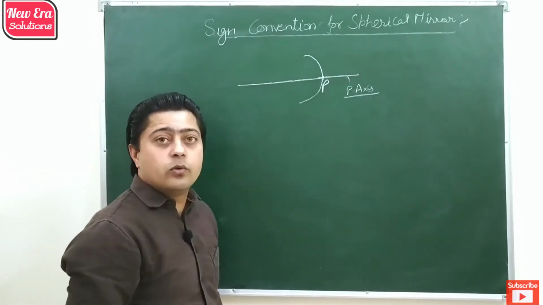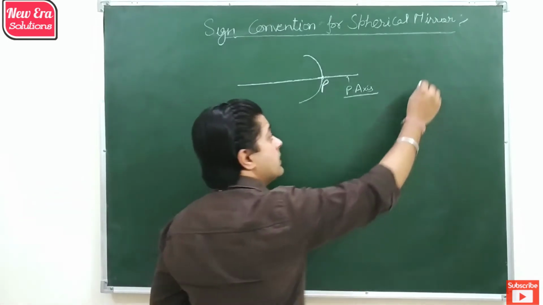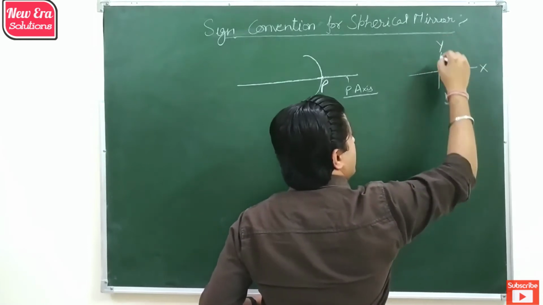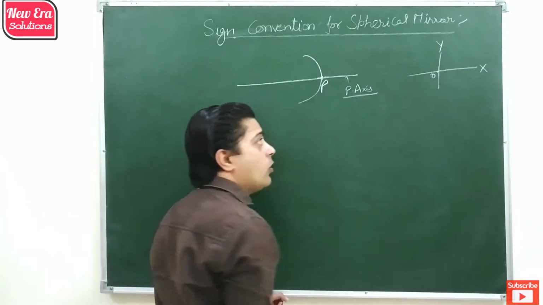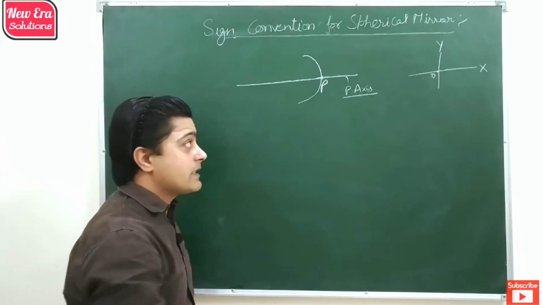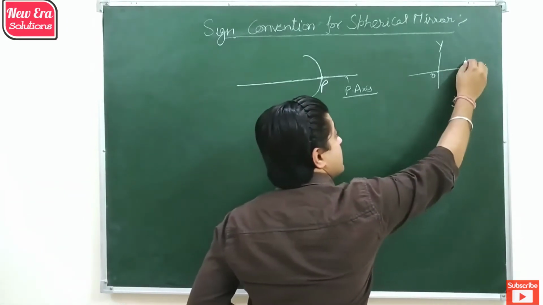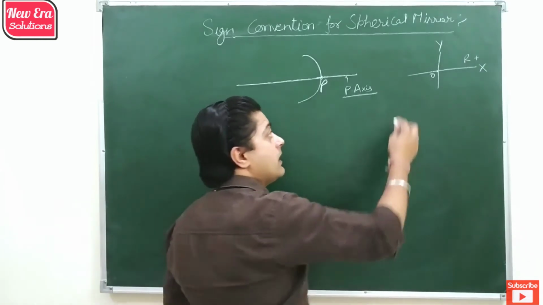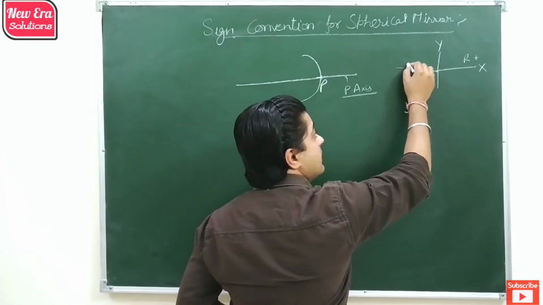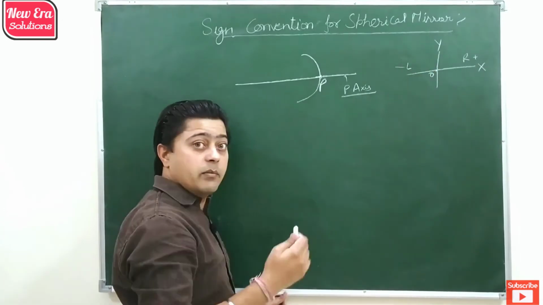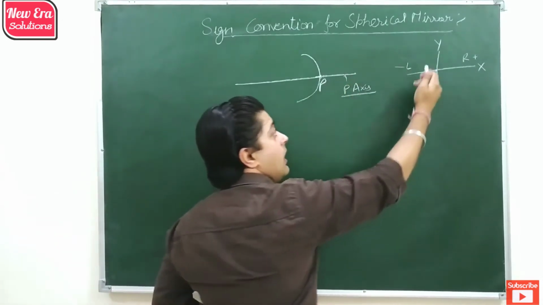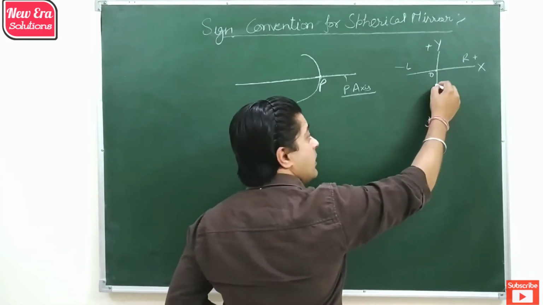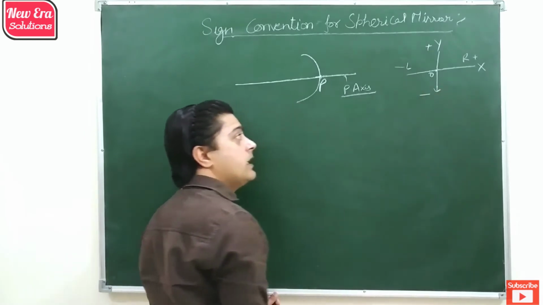Then as we use in the graphical method, when we have two axes, x-axis and y-axis, all the distances along the x-axis on the right hand side are given a positive sign, and all the distances on the x-axis on the left hand side of the origin are given a negative sign. Similarly, all the heights above the horizon are given a positive sign, and all the heights below the horizon are given a negative sign.